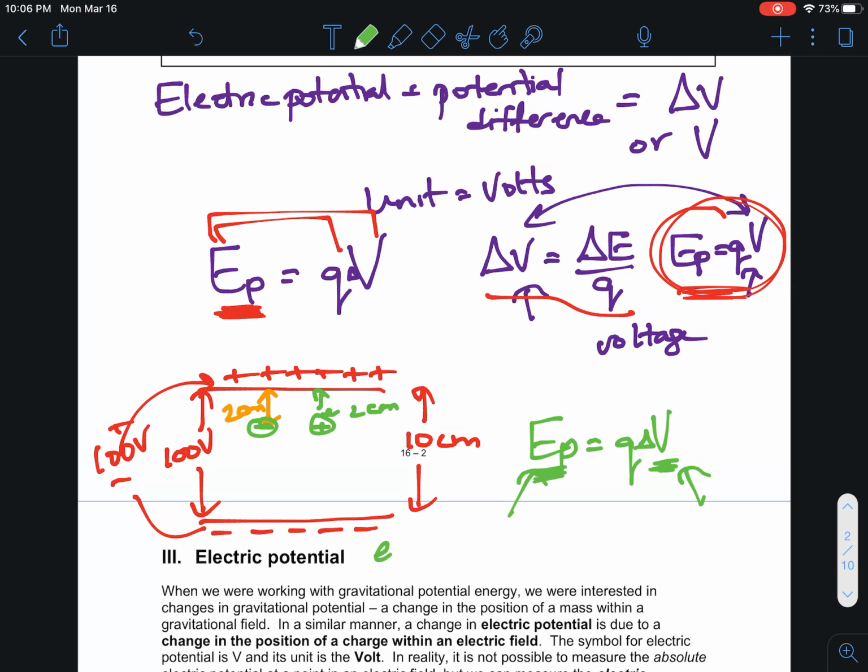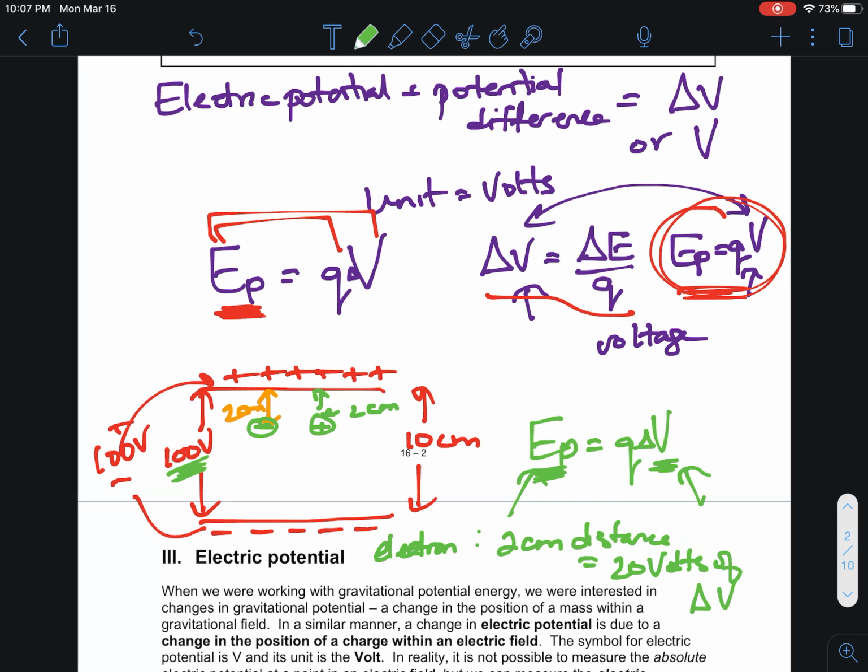The electron is moving up towards the top plate, and in doing so, it'll pass through 2 centimeters of distance, which will be equivalent to 20 volts of potential. Now why is because these two things are proportional.